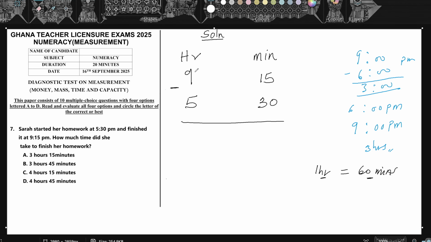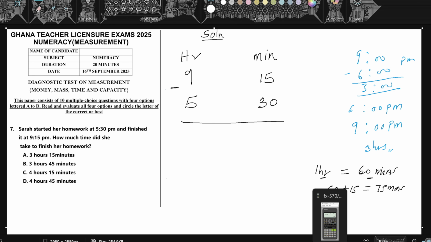Although we are borrowing 1 hour, once we get to the minutes column, it becomes 60. So we then add the 60 minutes to the 15 minutes. So 60 minutes plus 15 minutes will give us 75 minutes. So we have 75 minutes in place of 15 minutes. So 75 minutes minus 30 minutes.